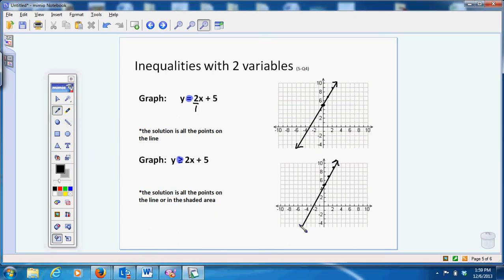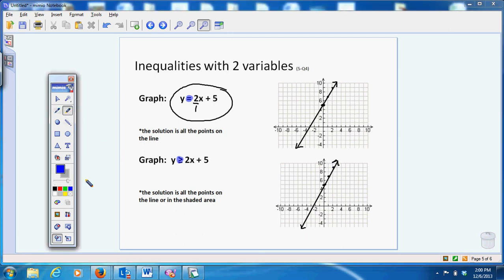But I'm not finished because this line that I just graphed is the line y equals 2x plus 5. But I'm saying this is y is greater than or equal to. That means I have to shade above the line. So I would need to shade this entire portion above the line.